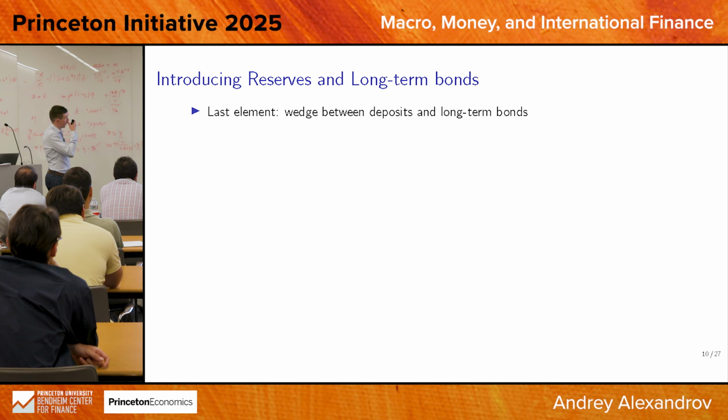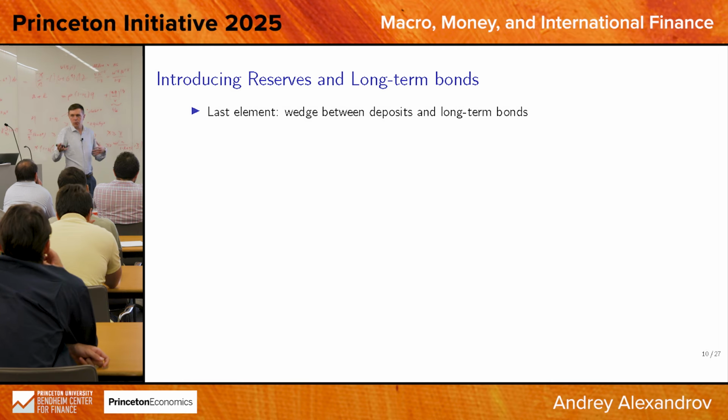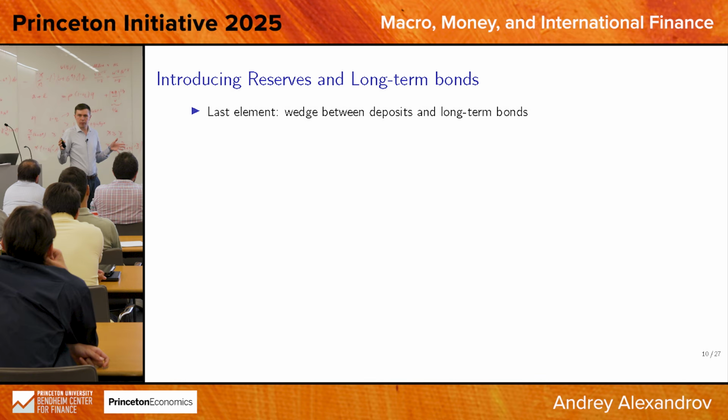So now comes the assumption that we need to keep the model non-trivial. We want to drive a wedge between deposits and long-term bonds. If we don't have that feature, then the agents, the households and the intermediaries, can trade long-term bonds and deposits and basically perfectly share aggregate risk.